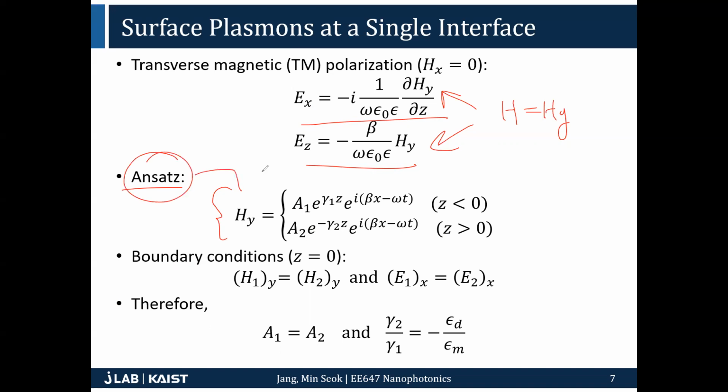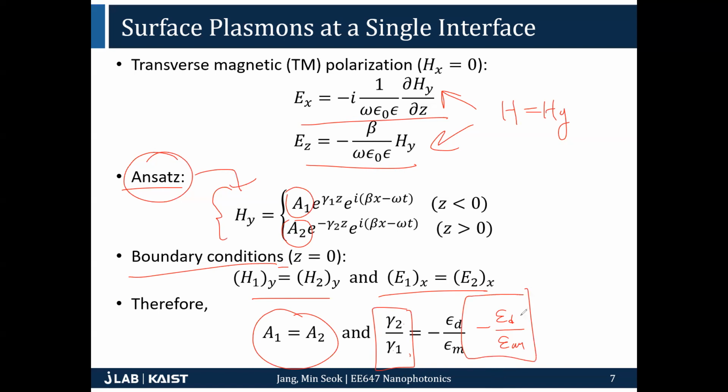And then if you apply the same boundary conditions, what you get is A1 equals A2, which is fine, and the ratio of gamma 1 and gamma 2 is equal to minus epsilon D over epsilon M.